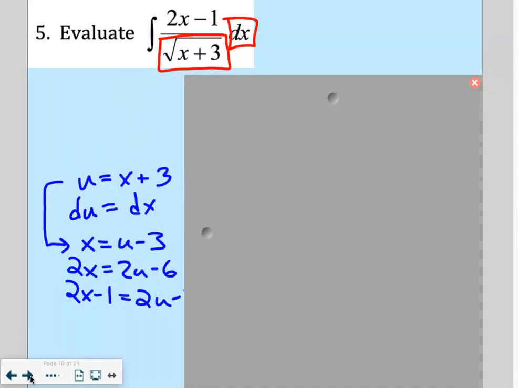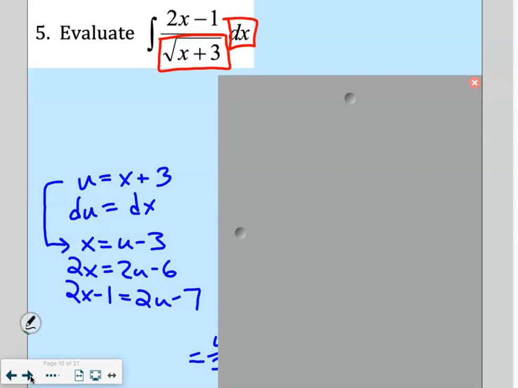Now, I got to be honest, what I did over here, I think I'm going to do it a different way. So, okay, here's u. Here's du. We still have x's left, right? This is a special case u sub. So I have to solve for x. X equals u minus 3. Now, I think what I would do if I were doing this over again, which I am, is I would write it like this.